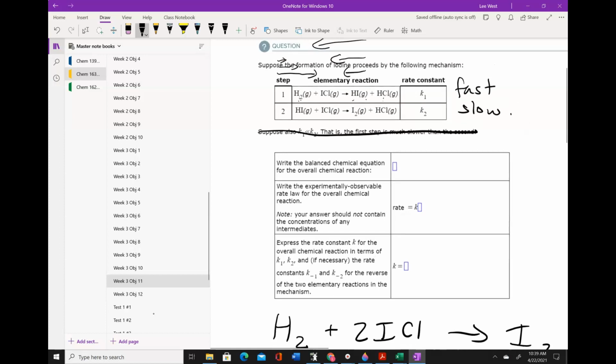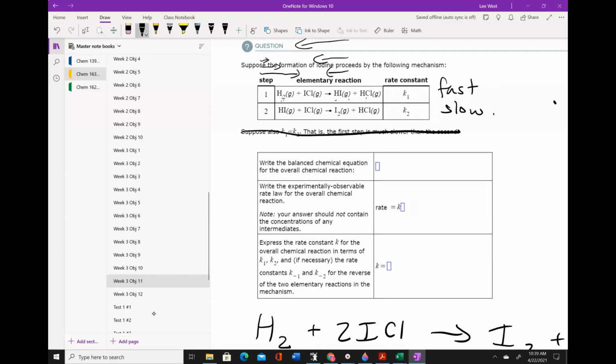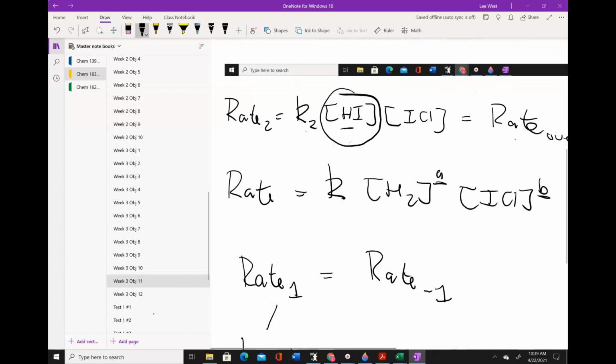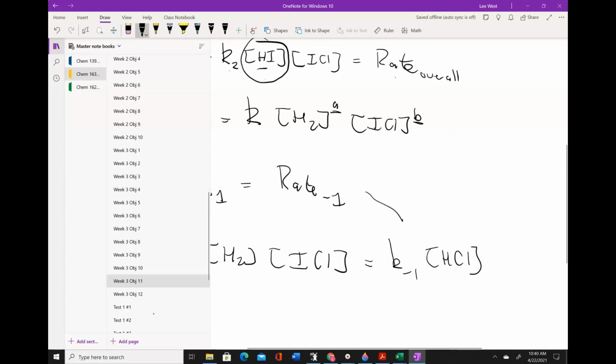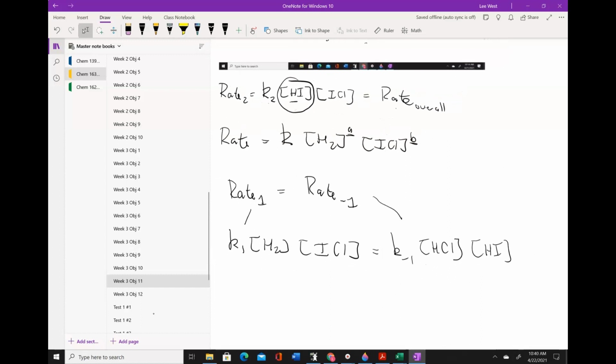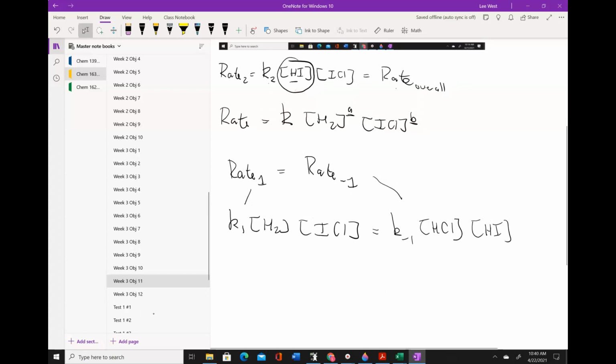Now, for the reverse reaction, it's going to be first order in HI and HCl. So that is going to be k-1 [HCl][HI]. And then we do that little trick that we'd seen in the previous question where we reorganize this to get that expression for HI.